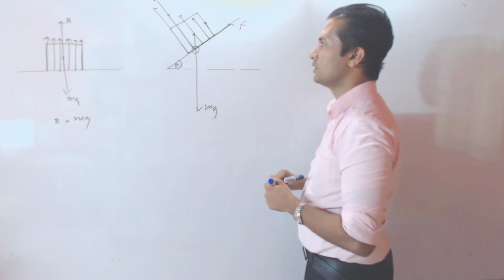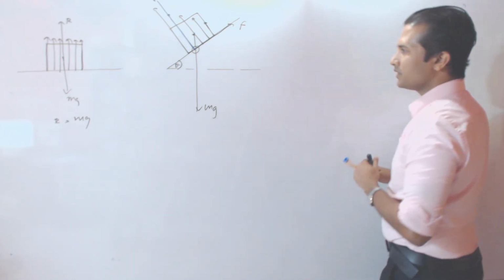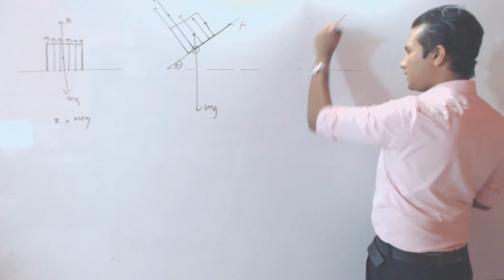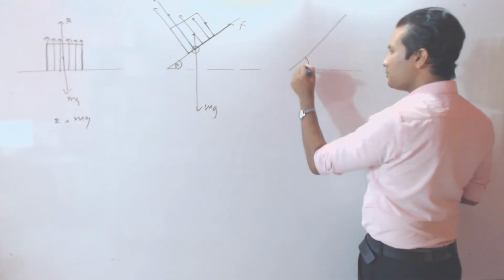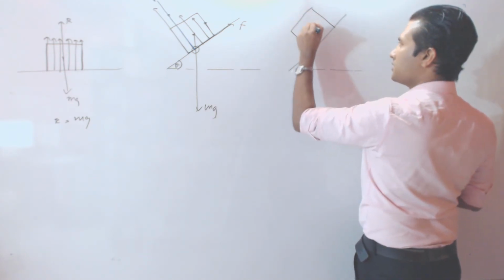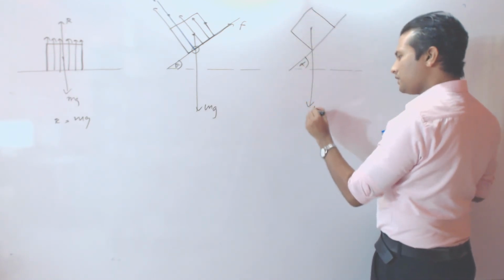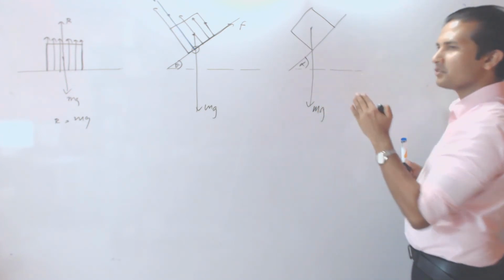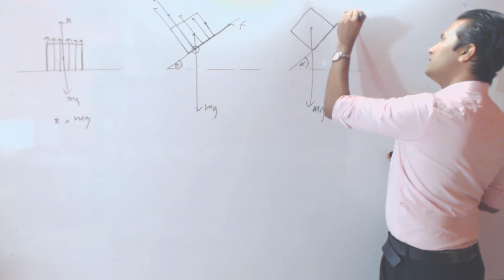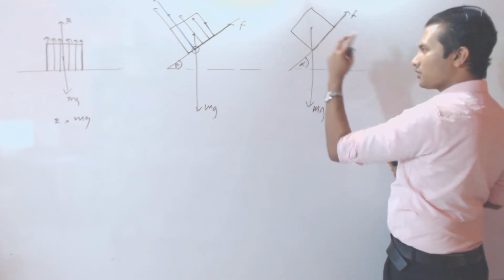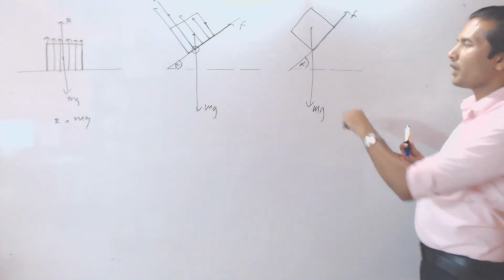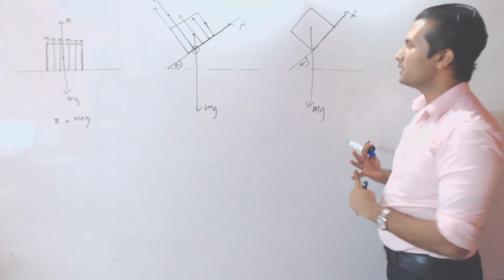That is our conclusion. We can further consider the system is in limiting equilibrium. Here this is the line of action of the weight and this is the friction. This is the coinciding point of the lines of action of weight and friction.